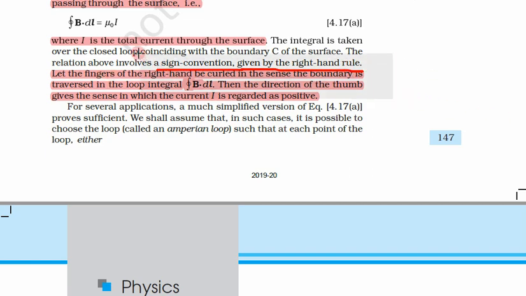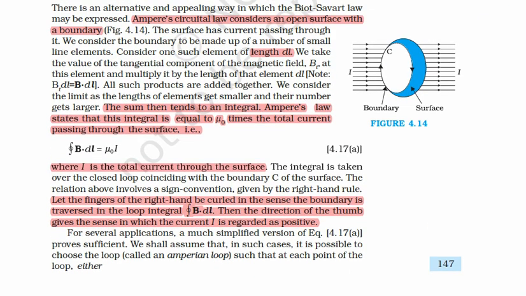So let us read this. Let the fingers of the right hand be curled in the sense the boundary is traversed in the loop integral B dot dl. Then the direction of the thumb gives the sense in which current I is regarded as positive. If you see this figure, the current is going in this direction.